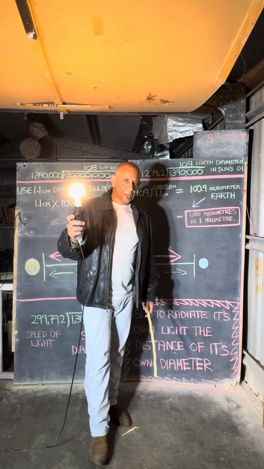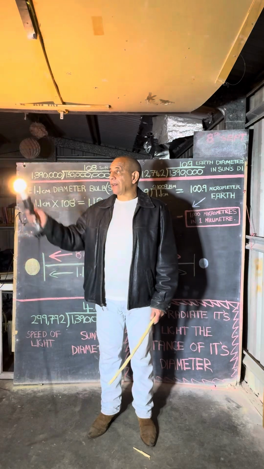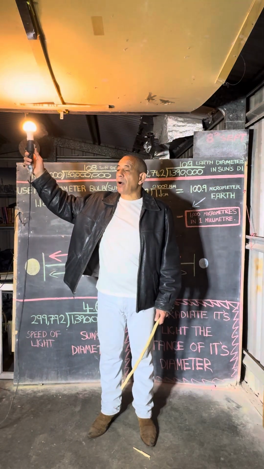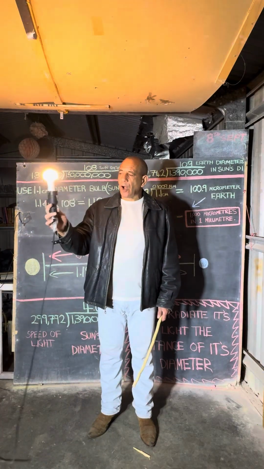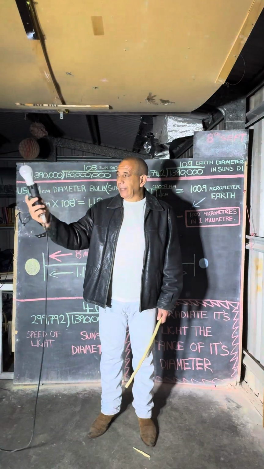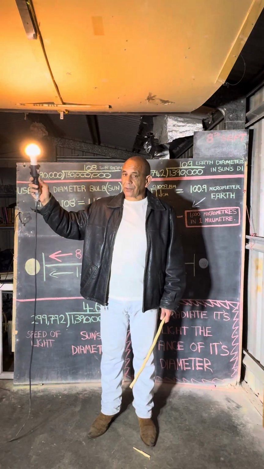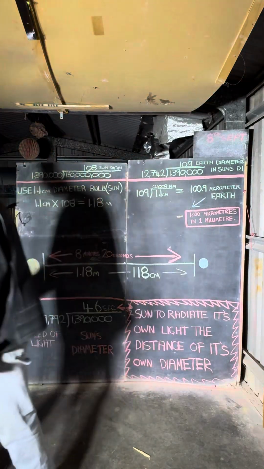That is 100,000 diameters, and I guarantee that on a dark night, this is probably 10 kilometres, 6, 7 miles. We're going to stick to 5Ks. That is 100,000 of its diameters in an instant. Boom! Now, the sun will do exactly the same as that.